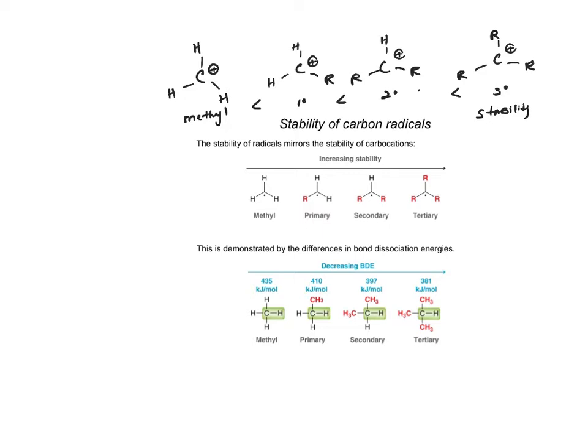So we know something about carbocation stability in terms of the number of alkyl groups. Essentially, the more you increase that, the more you increase the overall stability. And we explained that in terms of something called hyperconjugation.